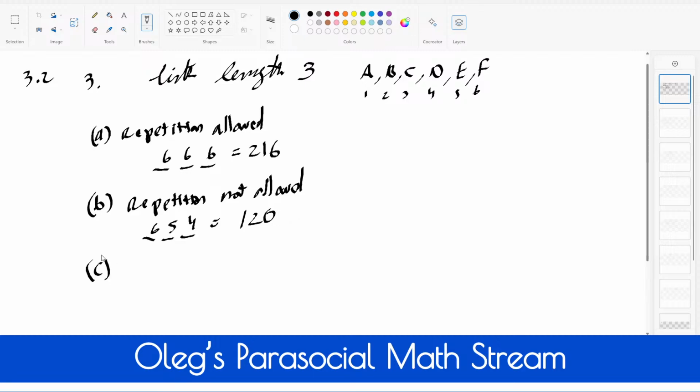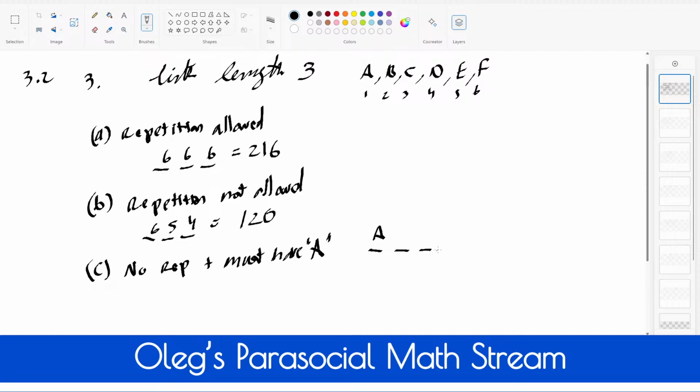And C. Repetition not allowed and the list must contain an A. Okay, so remember how we did that last time. So this is not allowed, plus must have A. All right, so there's 4 options right away, so let's just establish it.